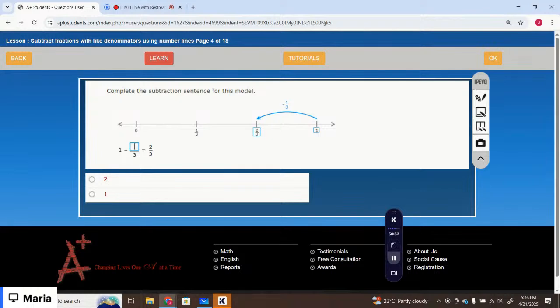So which is the correct option? That is 1 minus 1 over 3 equals 2 by 3.